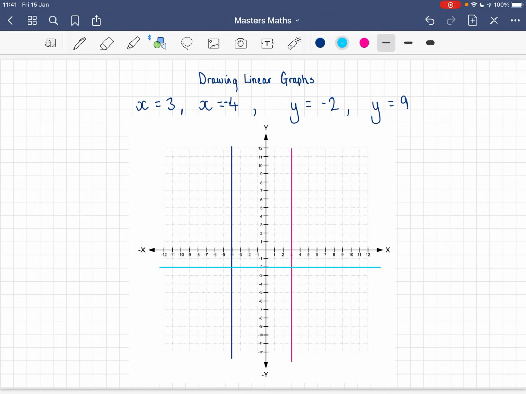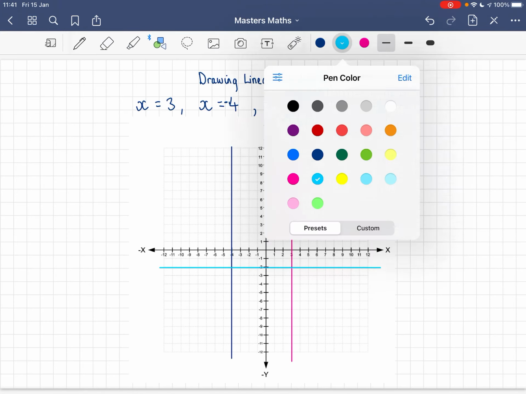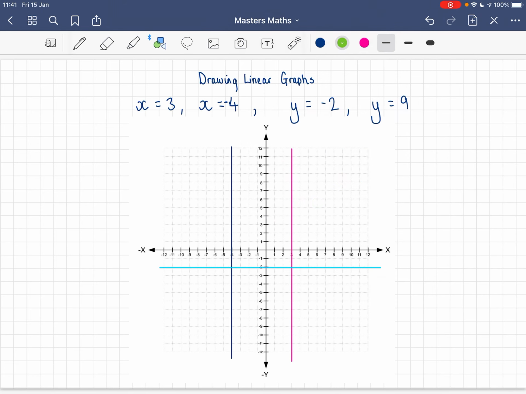So you've got (-10, -2), (5, -2), (11, -2), (0, -2). All of the y coordinates are -2 at any point on that line. And then similarly for y equals 9, that would go horizontally through 9 on the y-axis and would look like that. Okay, hopefully that is really straightforward.